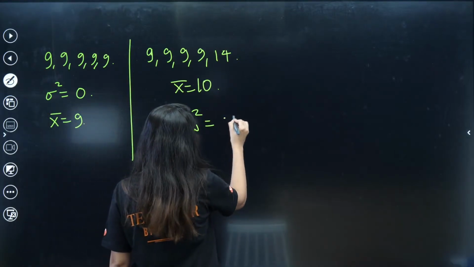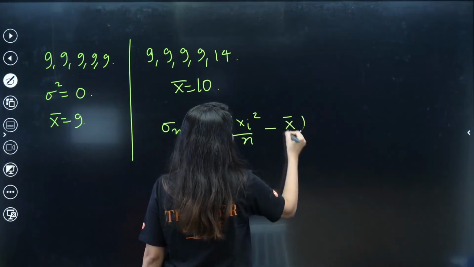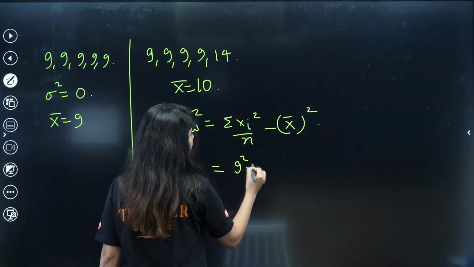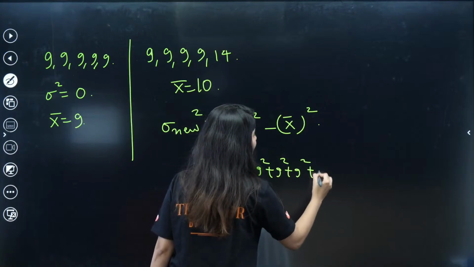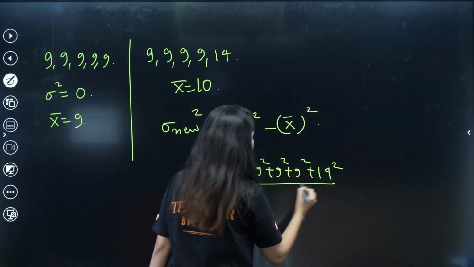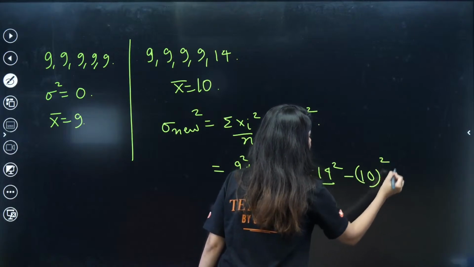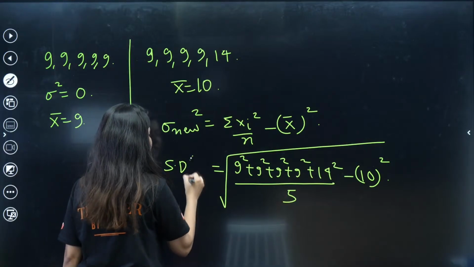So that can be done by sigma xi square by n minus x bar square. So that would be 9 square plus 9 square plus 9 square plus 9 square plus 14 square, whole upon 5, because 5 observations are there, minus the new mean, which is 10 square. This would be your answer. With root is your standard deviation sigma.